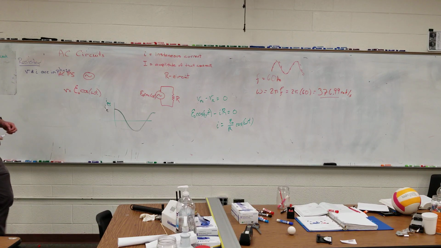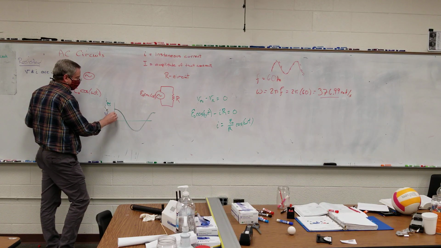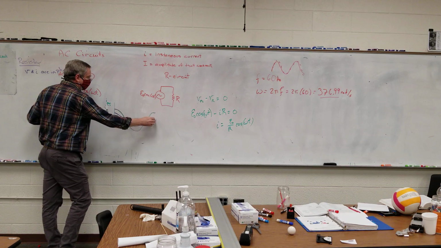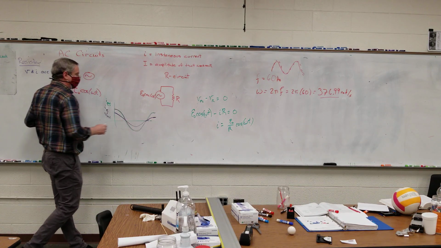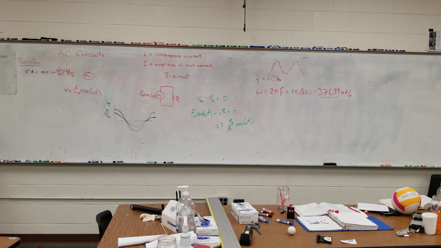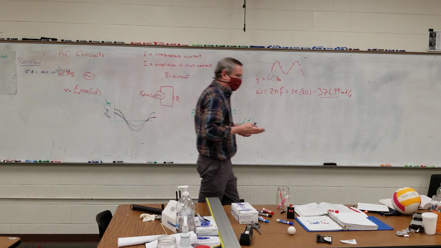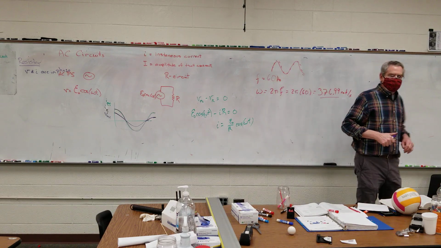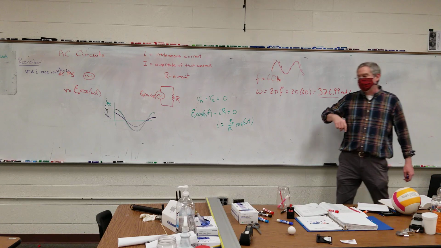Actually, I should have drawn the voltage across the power supply or the resistor. There we go, that would have been better if I'd done that one. They're in phase. The amplitudes are not the same, they're on different scales. But it's not uncommon to draw them on one graph like that, and you will too when you do the AC lab.